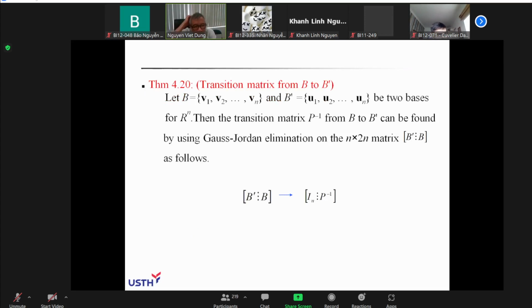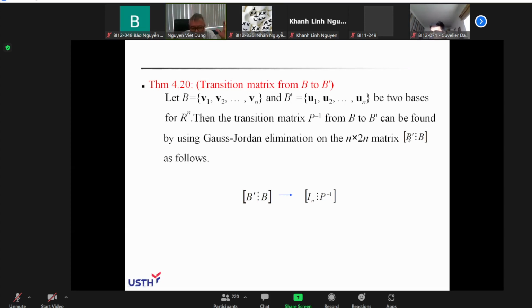And the way to find the transition matrix from B to B prime or from B prime to B is quite similar to the way we apply Gauss-Jordan elimination to find the inverse of a matrix. Here it is claimed as follows. Let B and B prime be like that. If you want to find the transition matrix from B to B prime, which in the previous slide we denoted by P inverse, it can be done as follows.